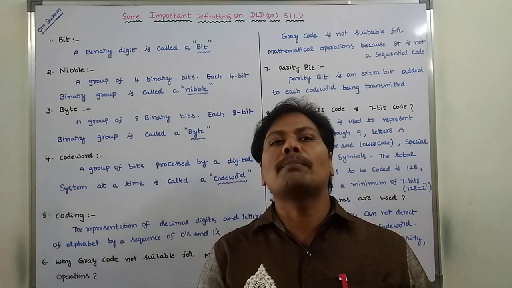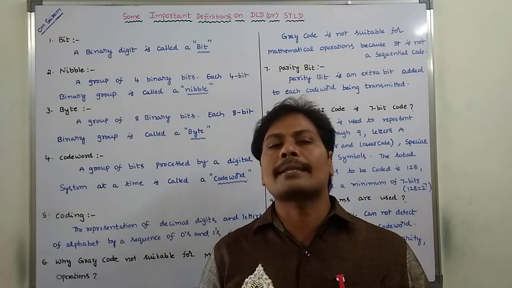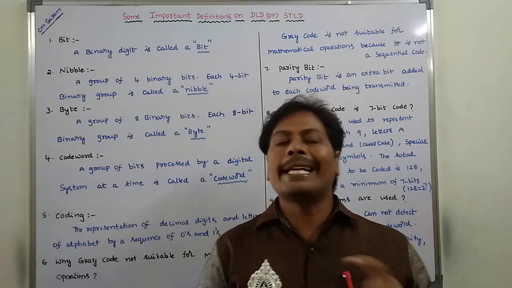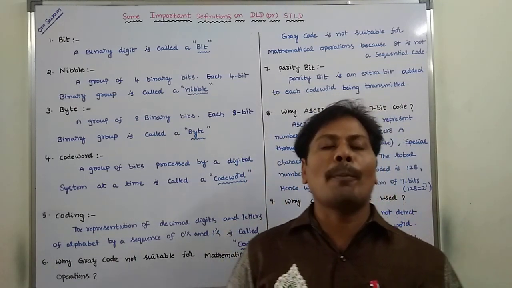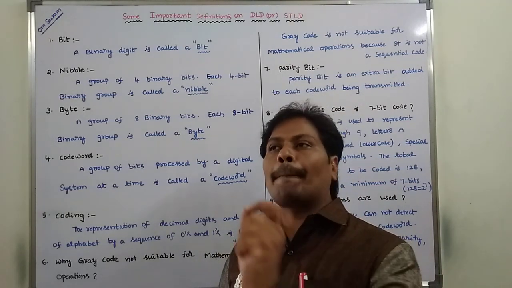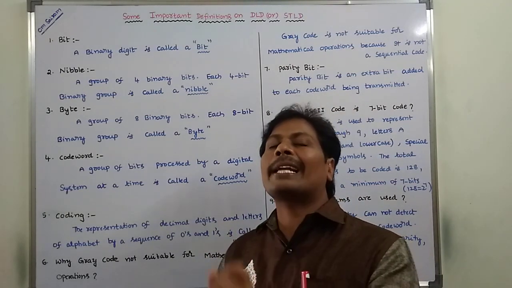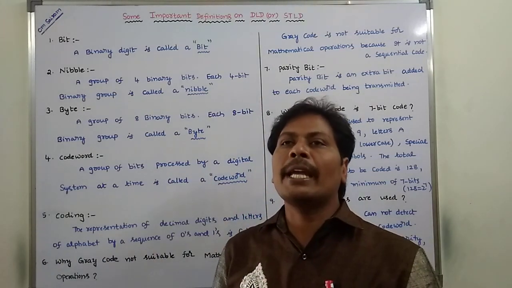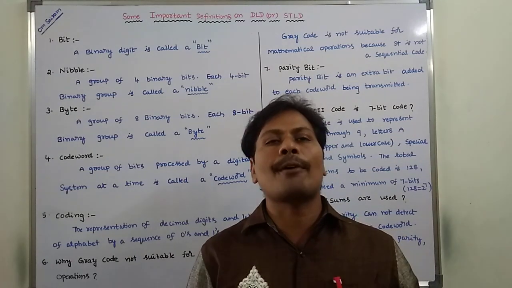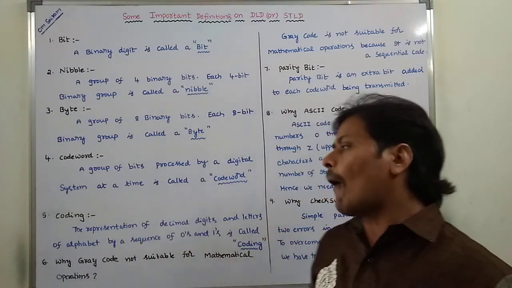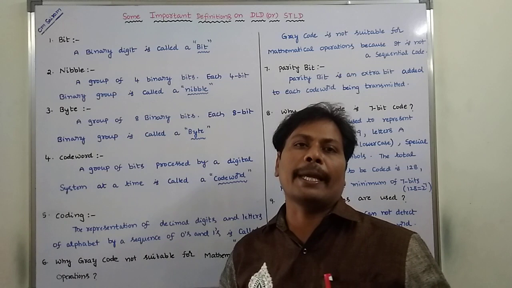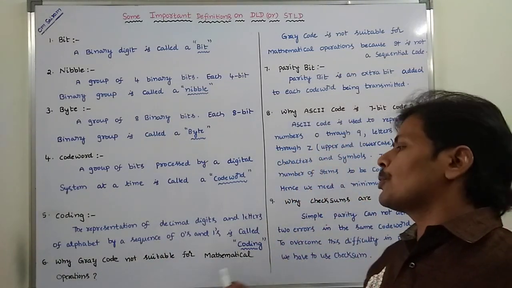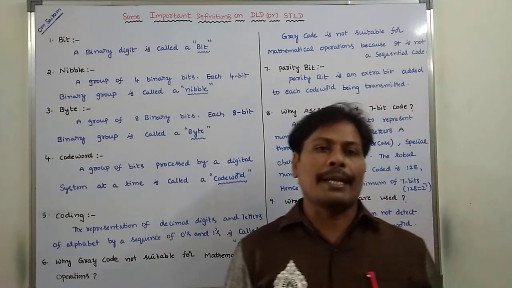In that decimal number system, the decimal numbers are 0 to 9, that is 10 decimal numbers. We can take the letters of alphabet, so uppercase letters capital A to capital Z and lowercase letters small a to small z. So all these can be represented as a sequence of zeros and ones, which is called coding. Okay, next one. Why gray code is not suitable for mathematical operations.